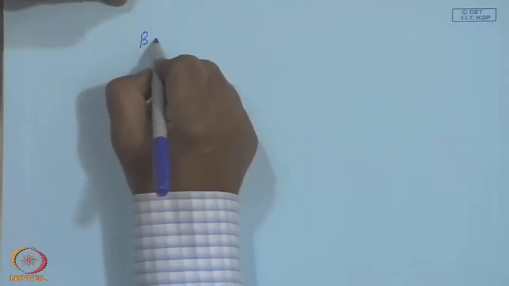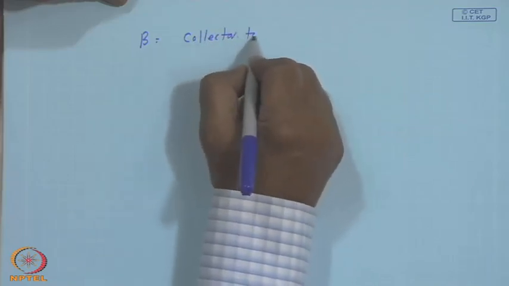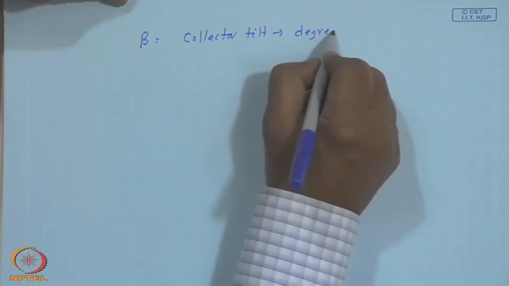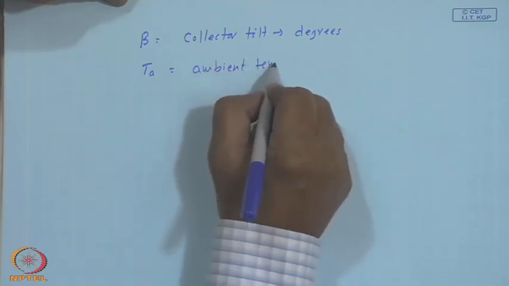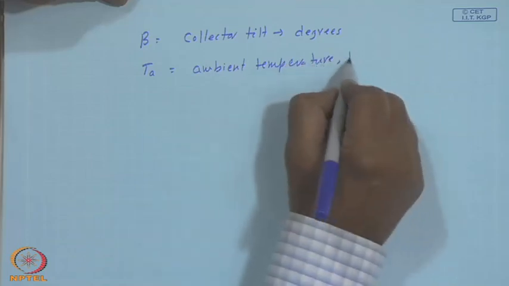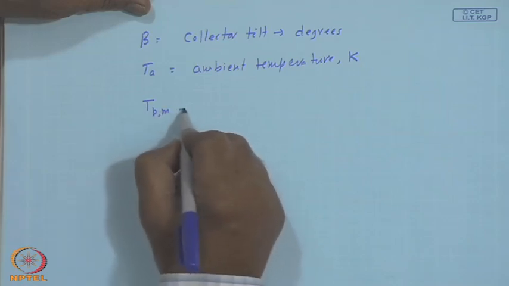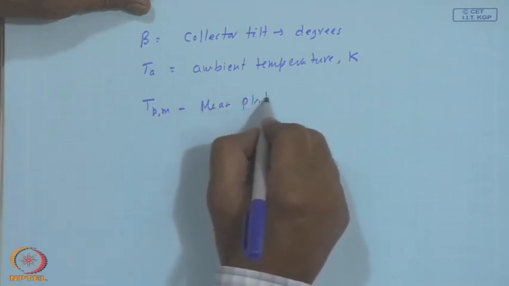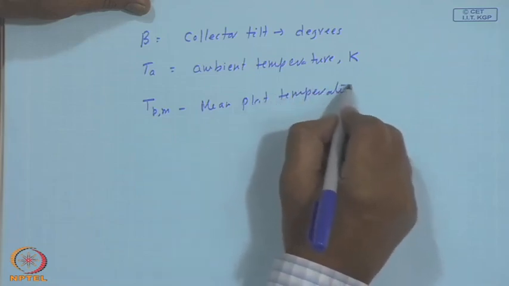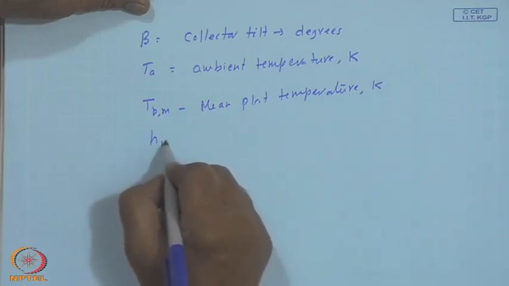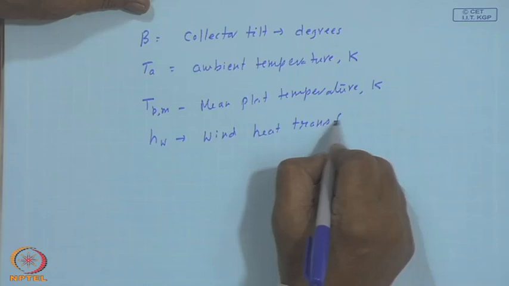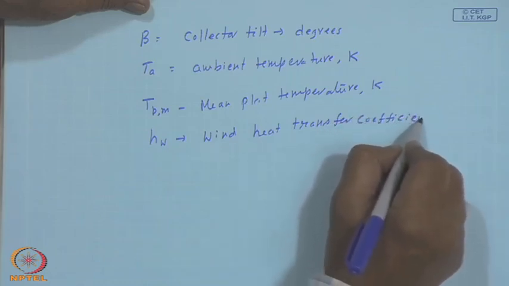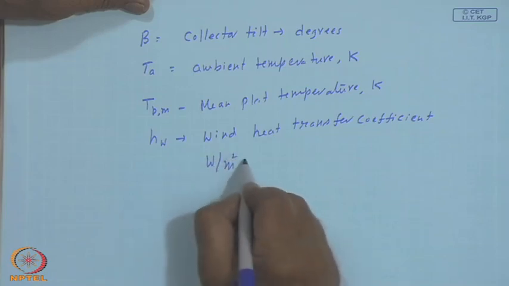TA should be in Kelvin, and TPM, the mean plate temperature, again in Kelvin, and HW the wind heat transfer coefficient in watts per meter square degree centigrade.